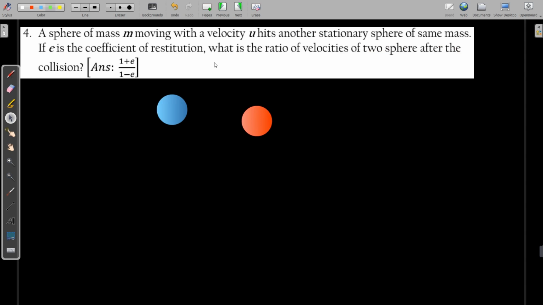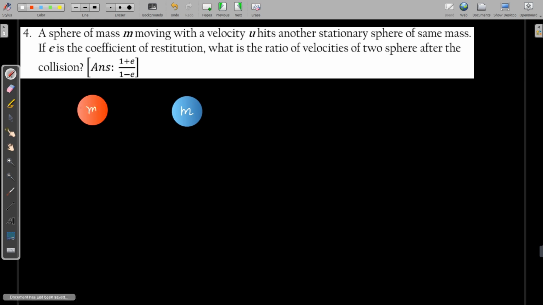So what is the mass of this? This is m, this is also m. This is moving with velocity u and this velocity is 0.